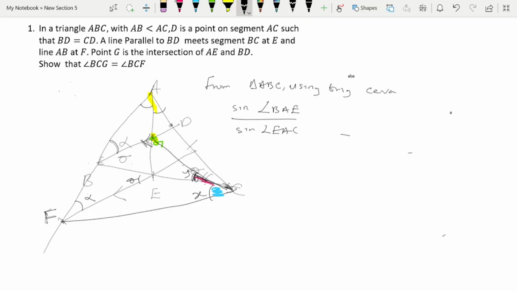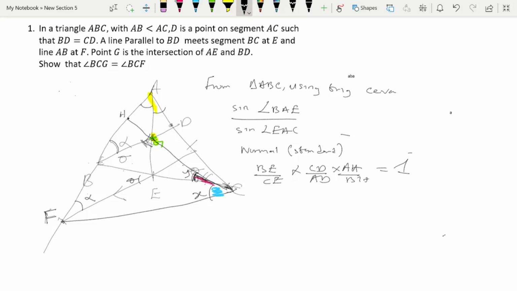If we're using the standard version of Ceva, it will be something like BE over CE, that is this over this, times CD over AD. Then if I extended this G to some point here, say H, times AH over BH equals 1. This is the normal Ceva, but the trig form is not taking the sides.